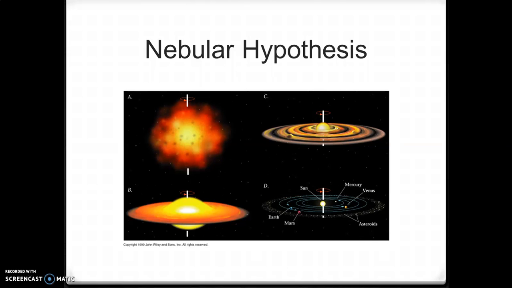So let's discuss the different hypotheses explaining the origin of the solar system. First is the nebular hypothesis. Immanuel Kant, 1724 to 1804, and Pierre-Simon Laplace, 1749 to 1827, were the first to propose the earliest theory of how the solar system originated, and that is the Kant-Laplace nebular hypothesis.